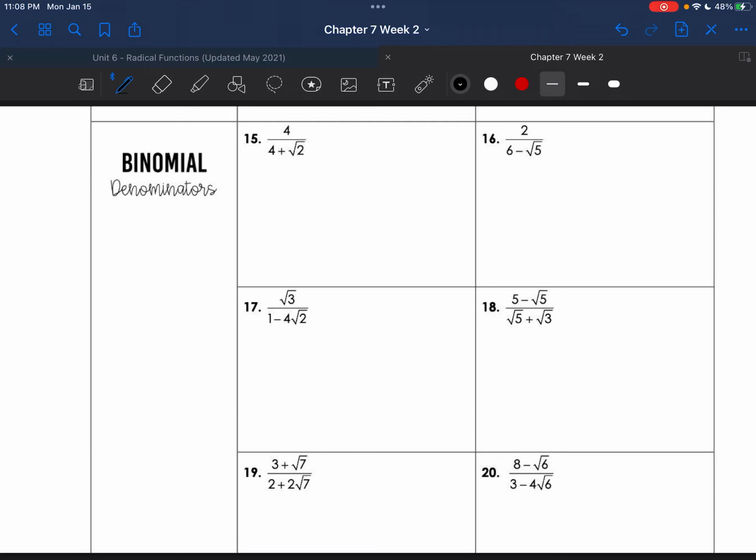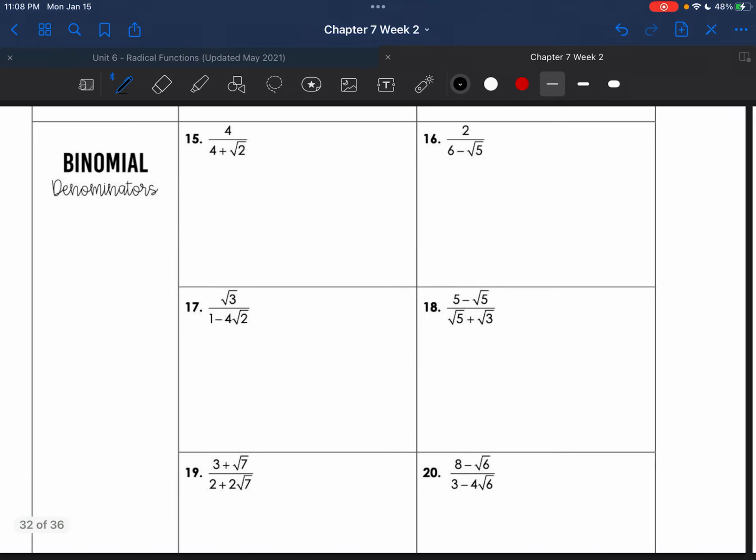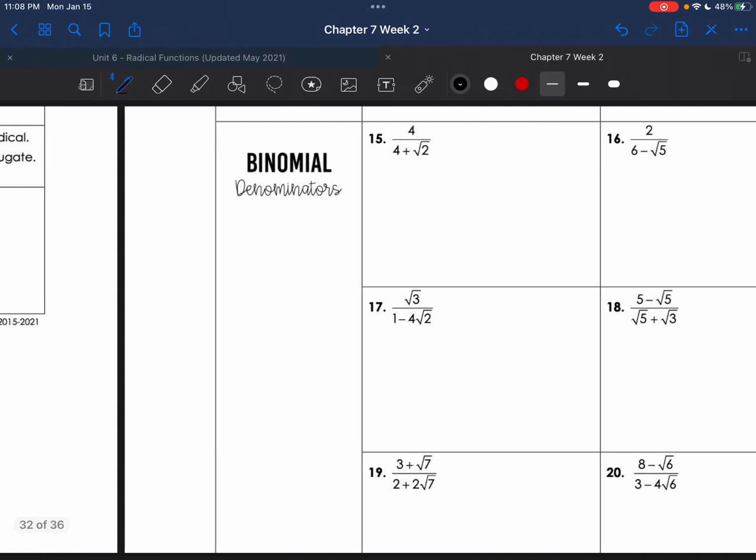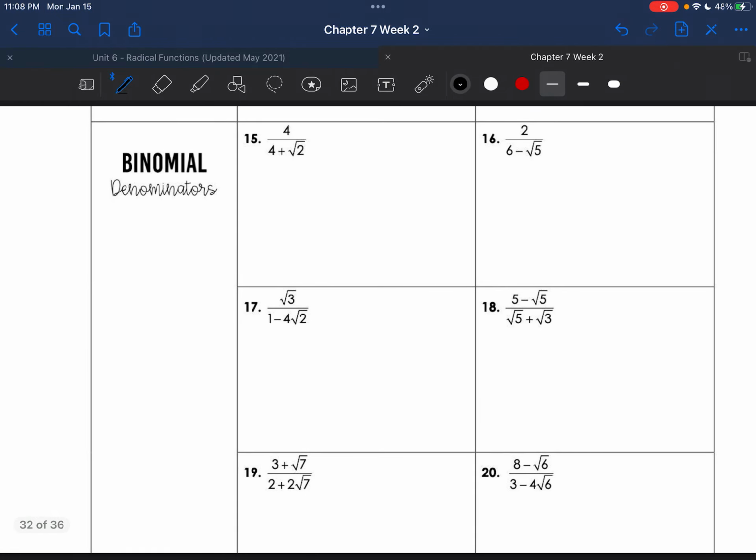Now, there is a special rule. There's a special rule when we have a binomial in the denominator, okay? So I'm going to go back to our FOILing when we had our complex numbers, when we had i.